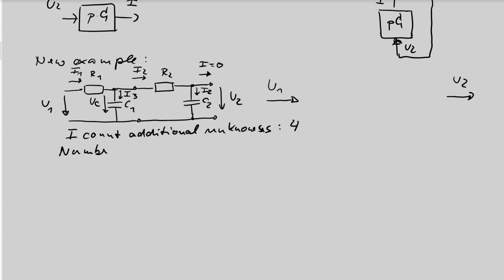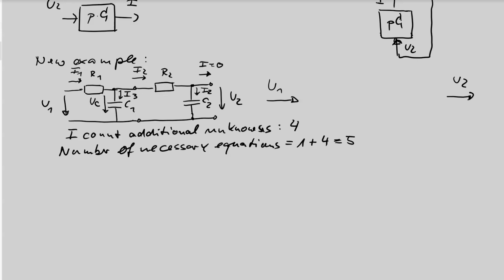The number of necessary equations is 1 plus these 4 unknowns. One we need to connect U2 with U1, at least one is necessary, and for each additional unknown we need an additional equation, so we need 5 equations.